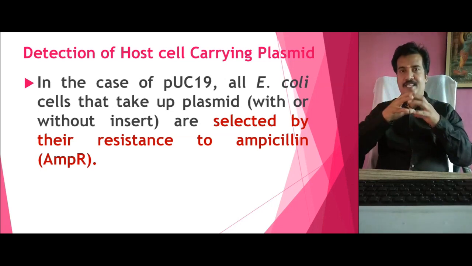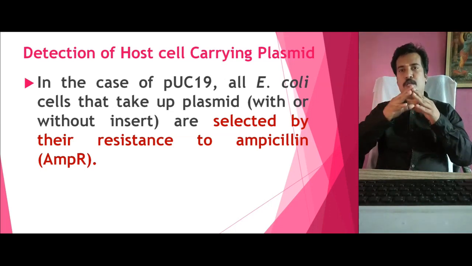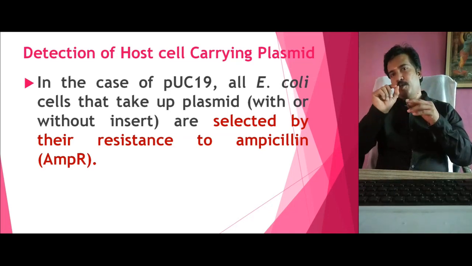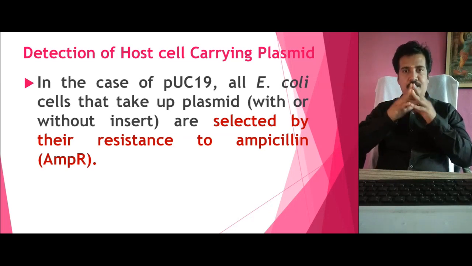In this case, the plasmid vector pUC19 can be inserted into a host cell, especially E. coli, which can easily take up this plasmid, and pUC19 contains the biomarker, that is ampicillin resistance. The ampicillin resistance gene is responsible for the destruction of ampicillin.